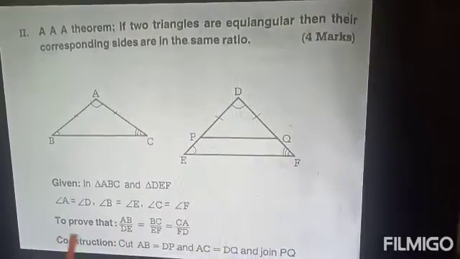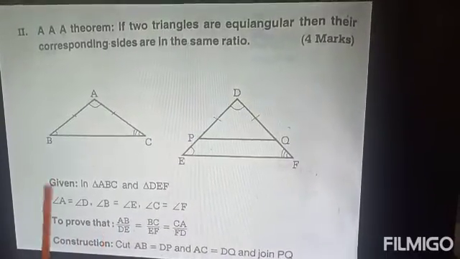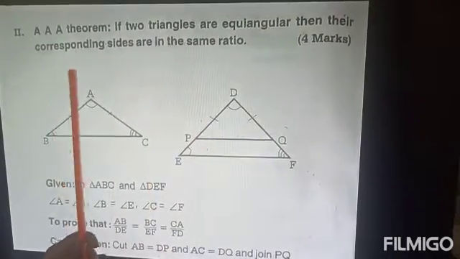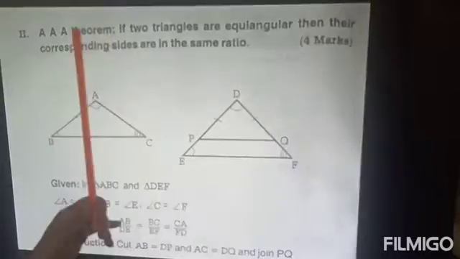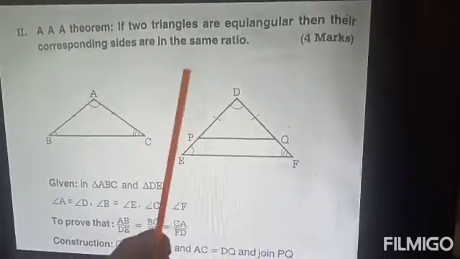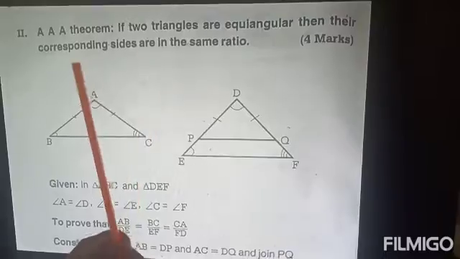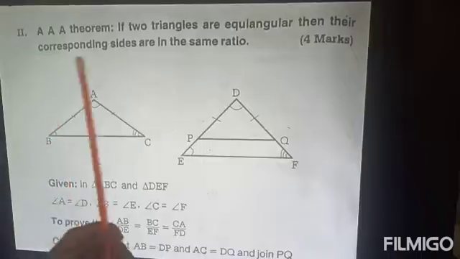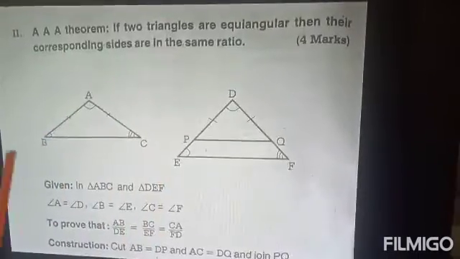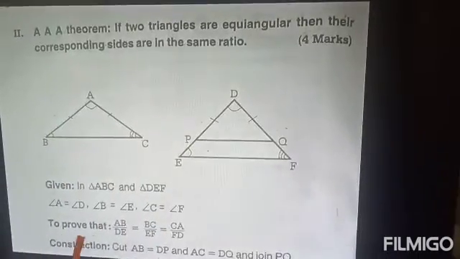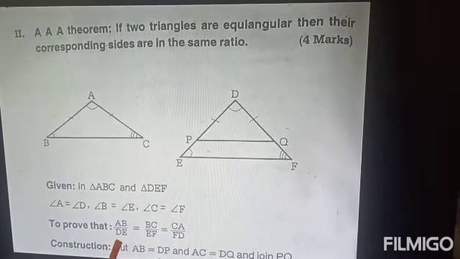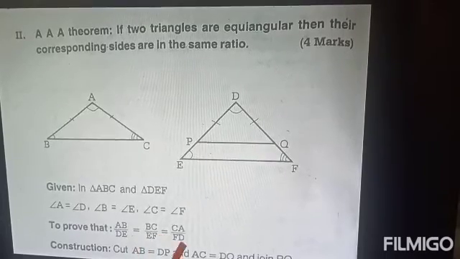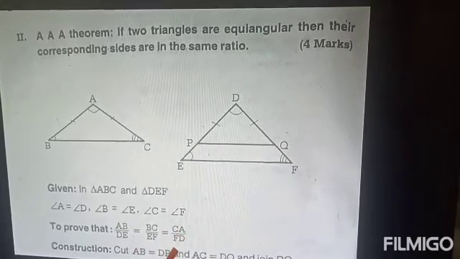Next, to prove. What do we have to prove? The second part. In the given definition, what is given in the second part? Their corresponding sides are in proportion, or are in the same ratio. That we have to prove. To prove: AB by DE is equal to BC by EF is equal to CA by FD.